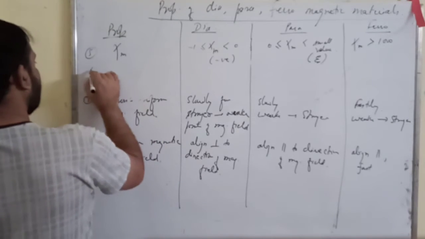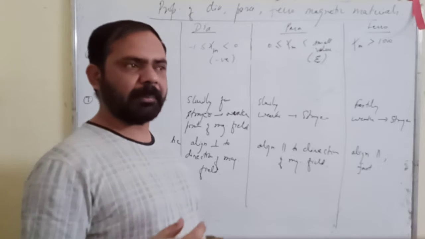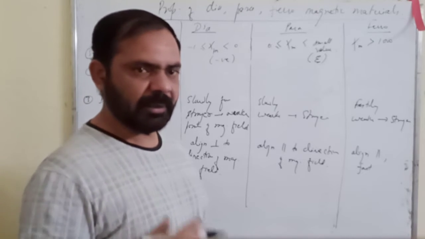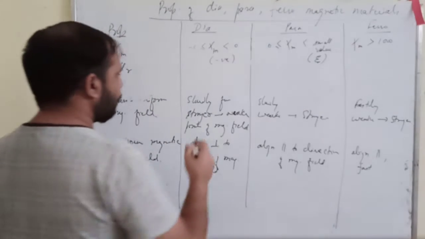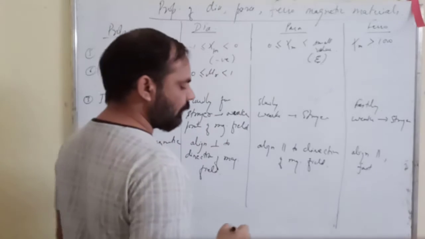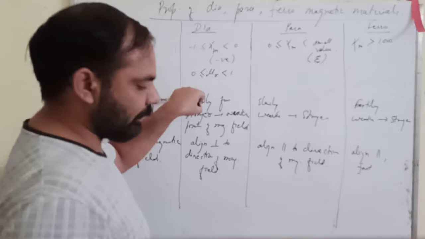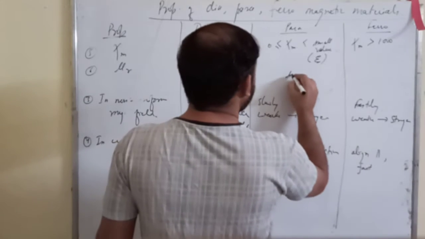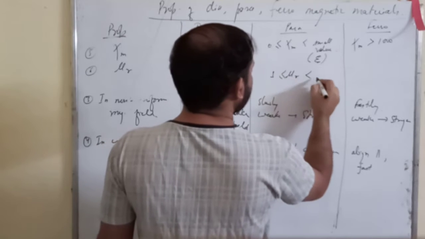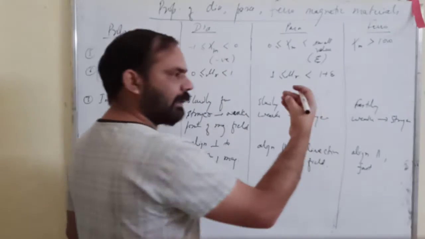Next is relative permeability. Relative permeability means the ratio of the permeability of the medium to the permeability of free space. Their value for relative permeability for diamagnetic materials is more than or equal to 0 and less than 1. Then mu r for paramagnetic materials is more than or equal to 1, but slightly more than 1.